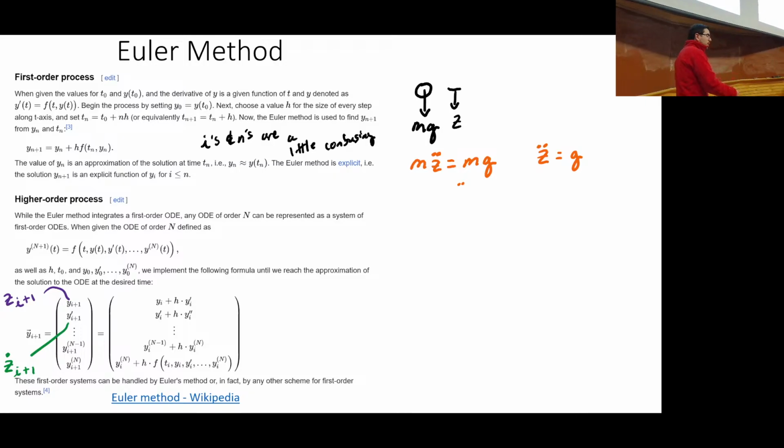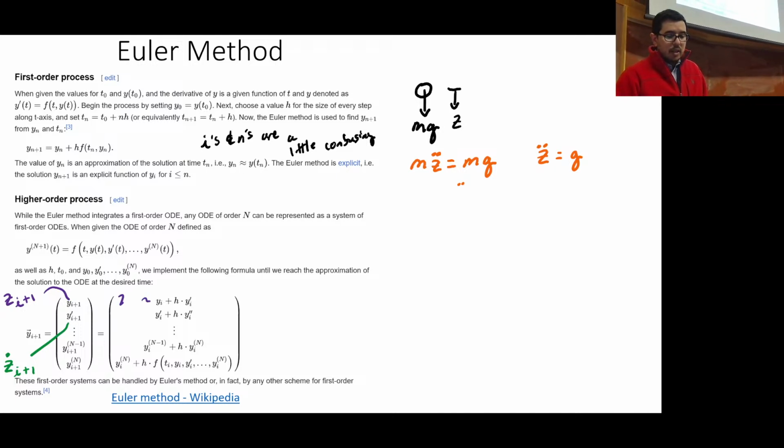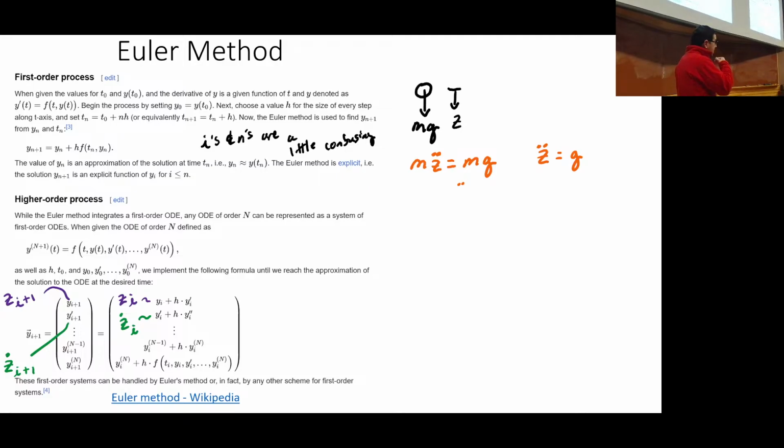However, it's a little confusing whether you use a subscript as n or use it as i. So let's just say that in the next time step, I've got a velocity and I've got a predicted position. Now, on the right, what you have are some guiding equations that discuss what's happening in the current time step.